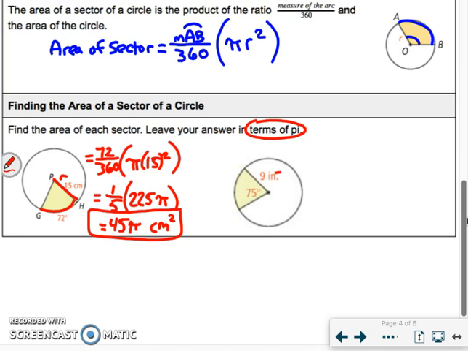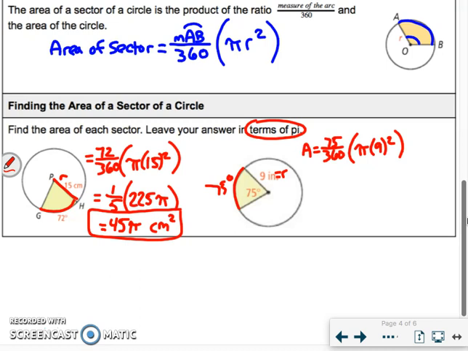So 9 is the radius, and 75 degrees is the measure of the arc. This time the area of the sector is 75 over 360 times pi times 9 squared, since 9 is our radius.